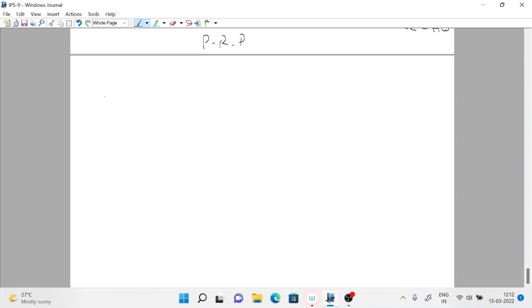Now I want to generalize this. So let V be a finite dimensional inner product space as earlier. Let f be a linear map from V to F, where F is R or C. What do I want to show?